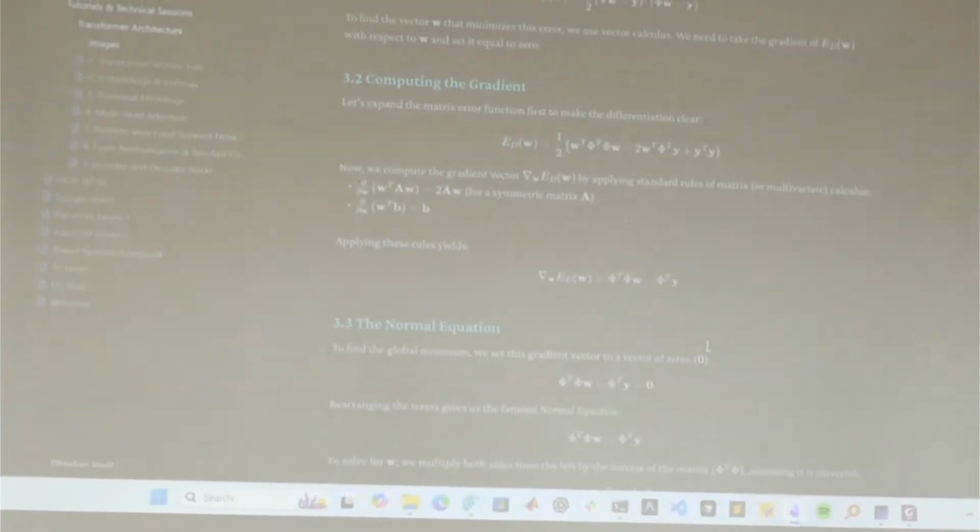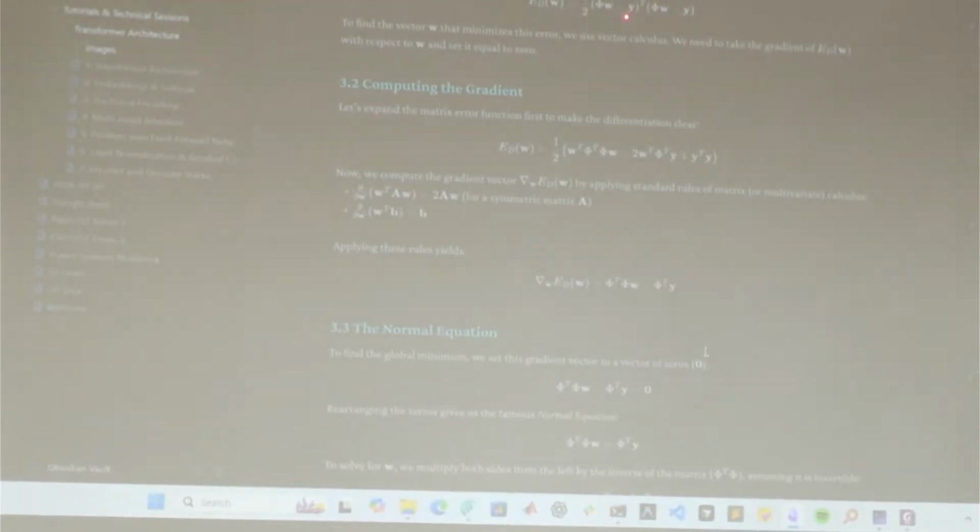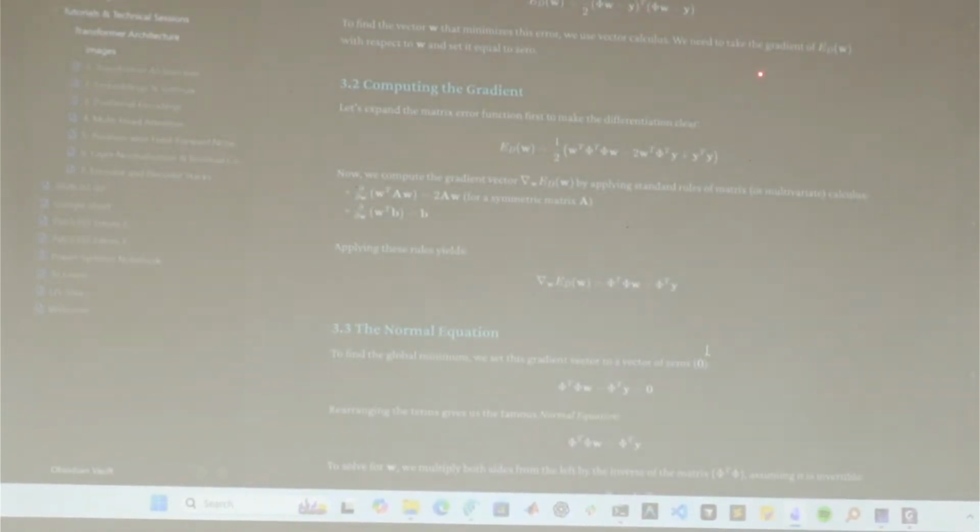We initially begin with this value, phi w minus y, then take the transpose multiplied by phi w minus y. Then we perform a differentiation of this function.